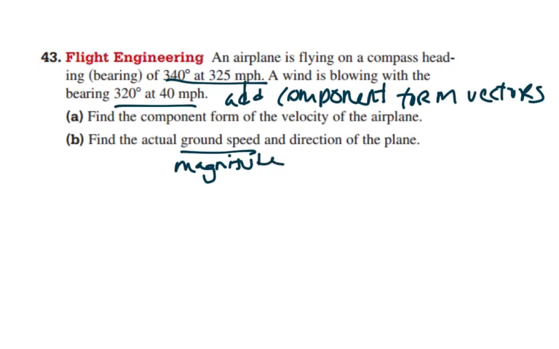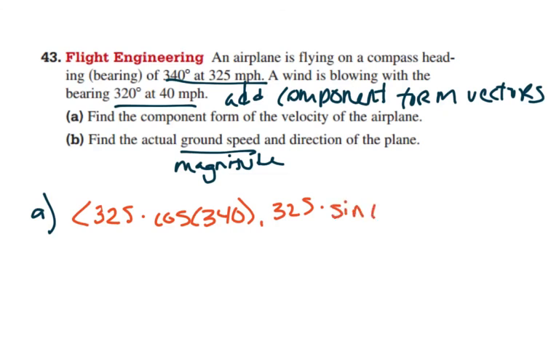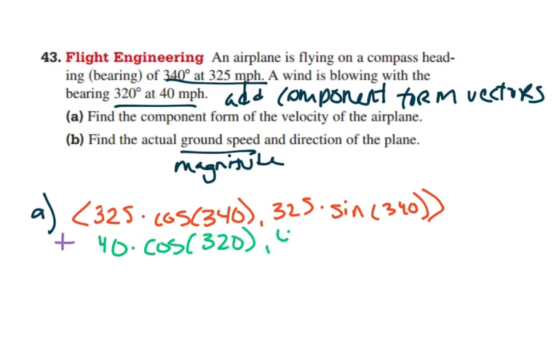So what we're going to do first in part A is find the component form. So that means that I'm going to take 325 times cosine of 340 and 325 times sine of 340, and add that to the other one, which is 40 miles per hour, and cosine of its angle, and sine.